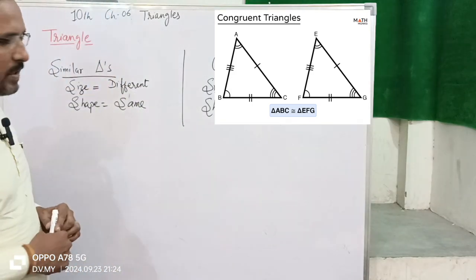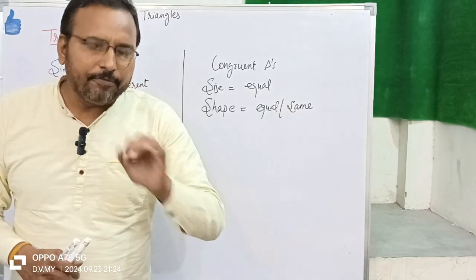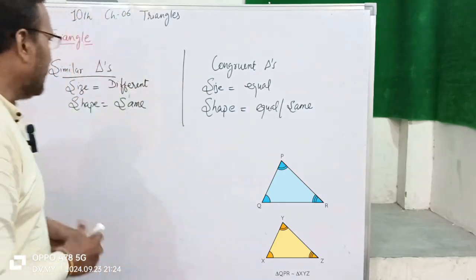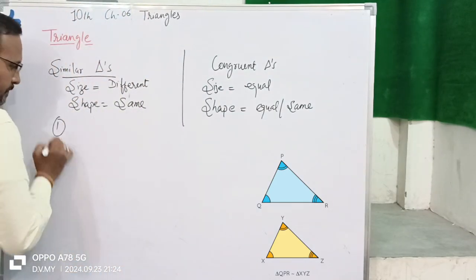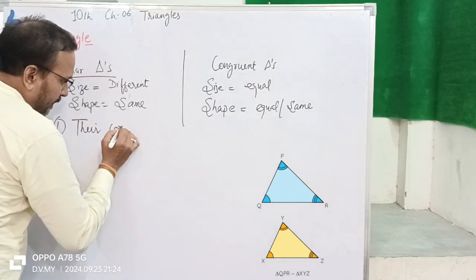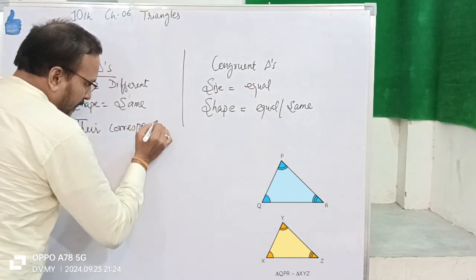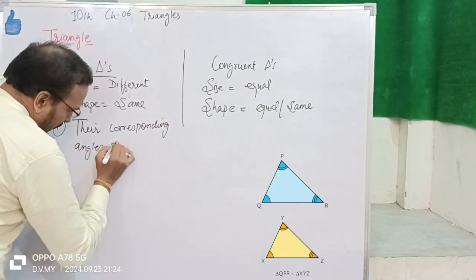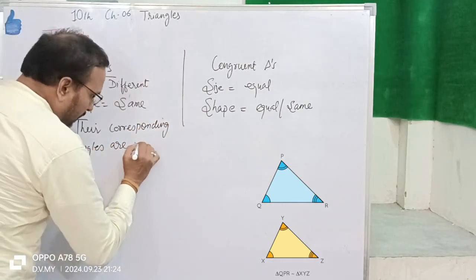And most importantly, two triangles are said to be similar only if their corresponding angles are equal.